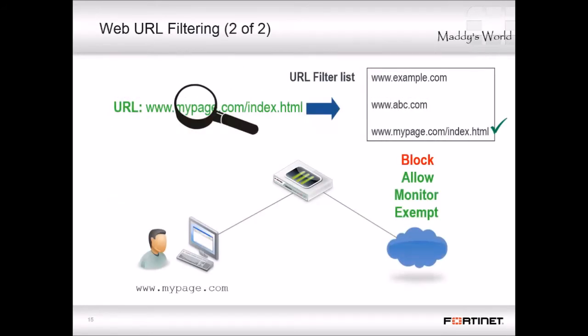There are 4 possible actions for a URL filter: allow, don't block the site and do not make a log entry; block, block and make a log entry; monitor, allow the site and monitor it with a log entry. It is important to note an exempt match stops all further checking, including AV scanning for the current HTTP session, which can affect multiple URLs.